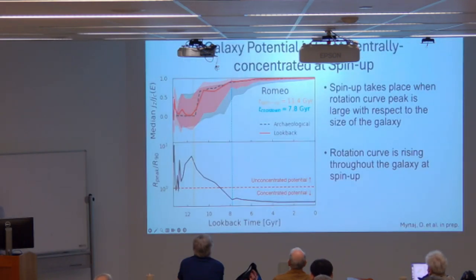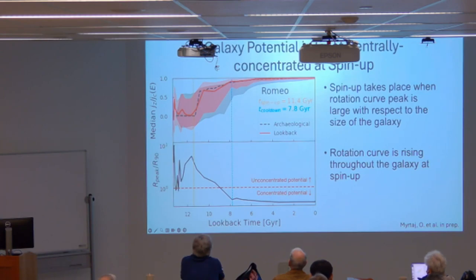So what we find, in contrast to Hopkins et al., is that the potential is least centrally concentrated at the time of spin-up. What I've shown here is Romeo again, the same test halo that I've been showing throughout this talk.